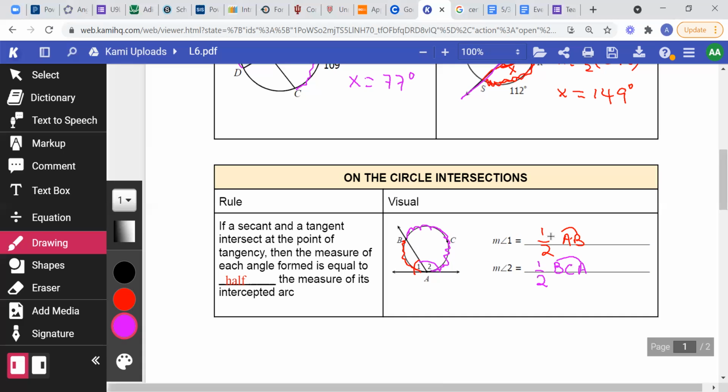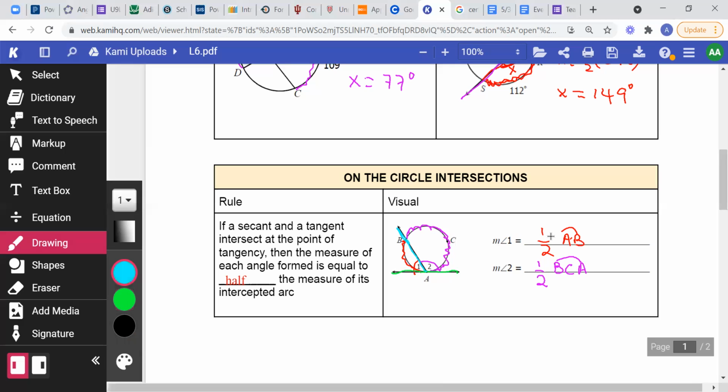When two secants intersect inside a circle, the measure of one of the angles at the intersection is half of the sum of the intersecting arcs. But when a secant intersects a tangent at the point of tangency, as you can see here, this line, which I'm going to draw in green, is a tangent line, and the point of tangency is A. From A, we have another line, which is a secant that passes through A, and they intersect on the circle.